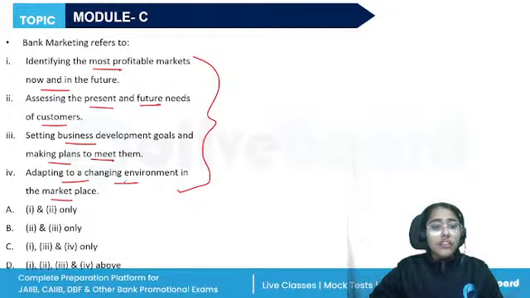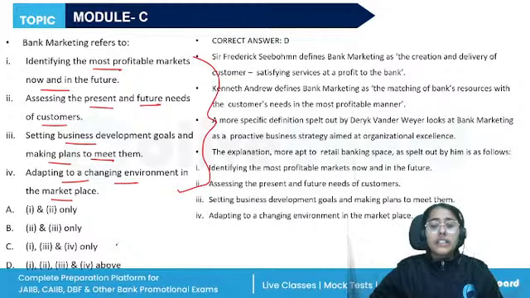So this question from module C, unit 17, marketing and introduction. How marketing in retail banking is approached. So the correct answer will be option D, that is all of the above. So certain definitions of marketing have been given.